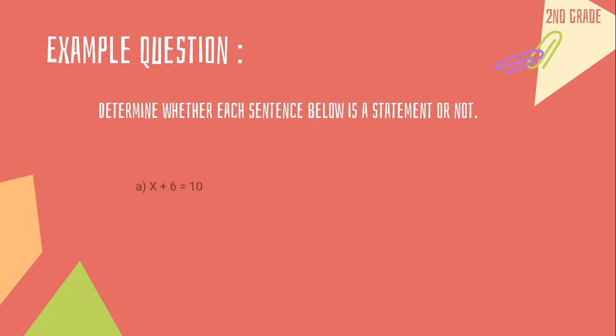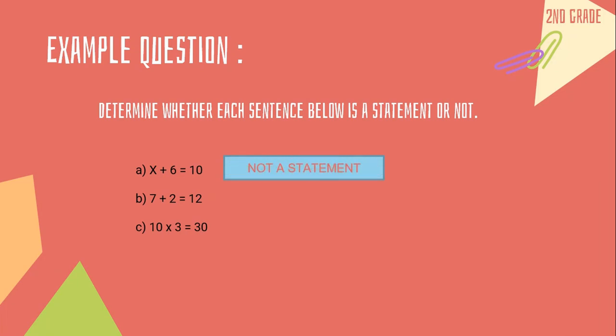Okay, the next example, we have 3 questions, which are mathematical statements. Okay, for the first question, x plus 6 equal to 10. So in this equation, we cannot determine whether this equation is true or false. So with that, this is not a statement.